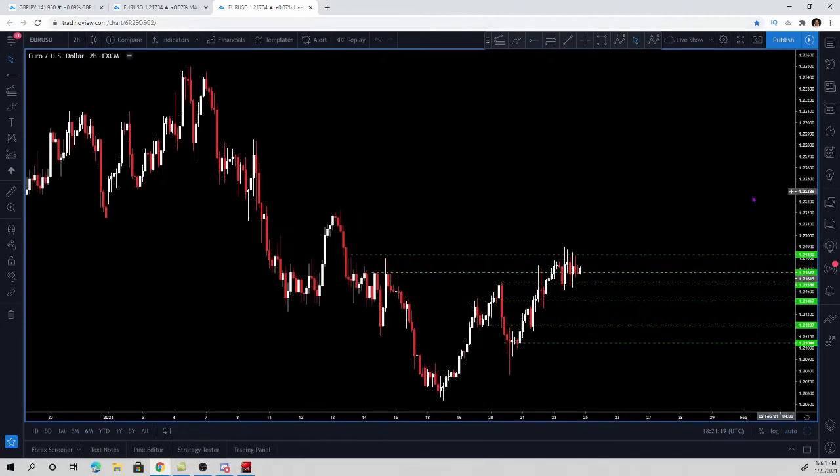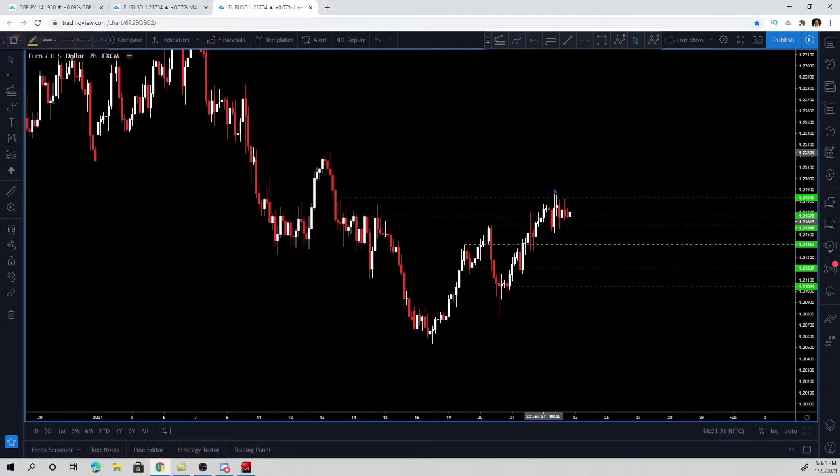And where are you going to be taking a trade when you have three levels of support and resistance in a 45 pip range? This doesn't work, right? This is going to confuse you, and this is going to make you enter the market and get stopped out a lot more.